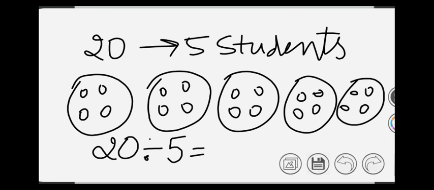Now whatever the answer or the result obtained, that means how many chocolates each student will get, as we can see each student is having 4 chocolates. So 4 is the answer and we call it a quotient. That means the quotient is 4.